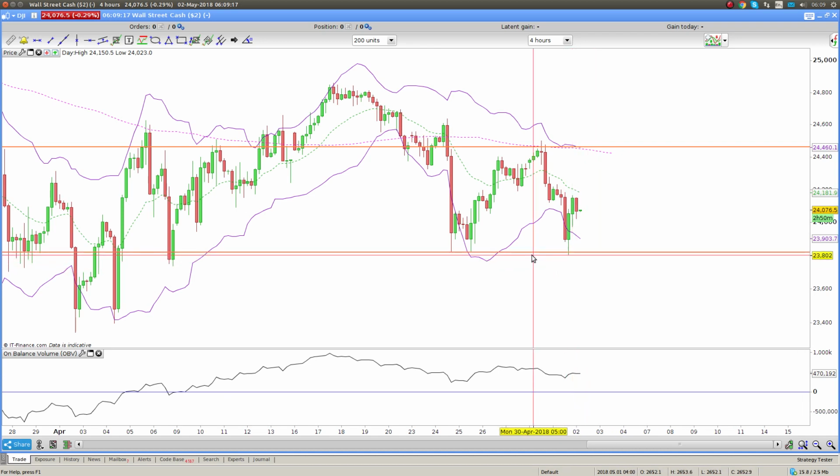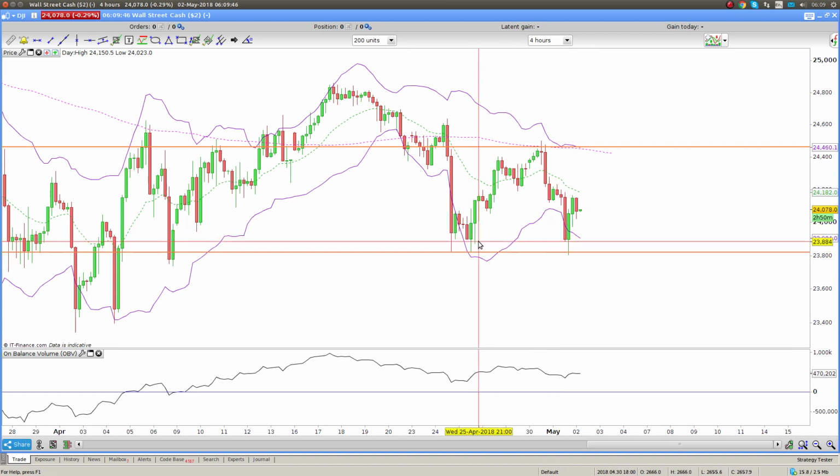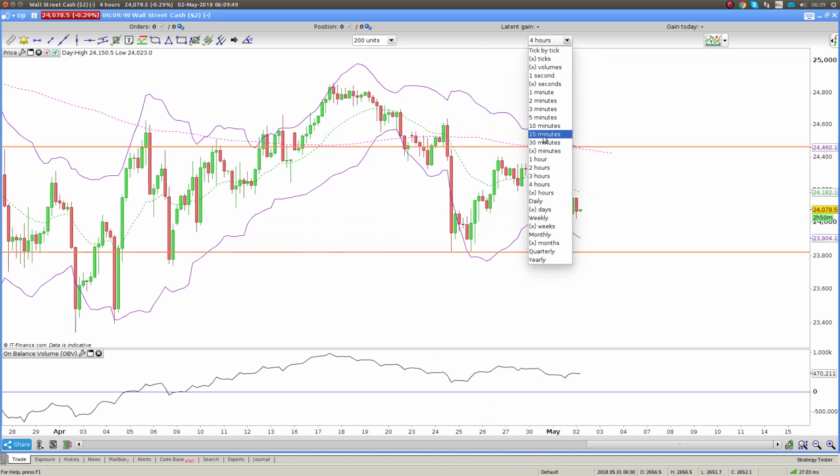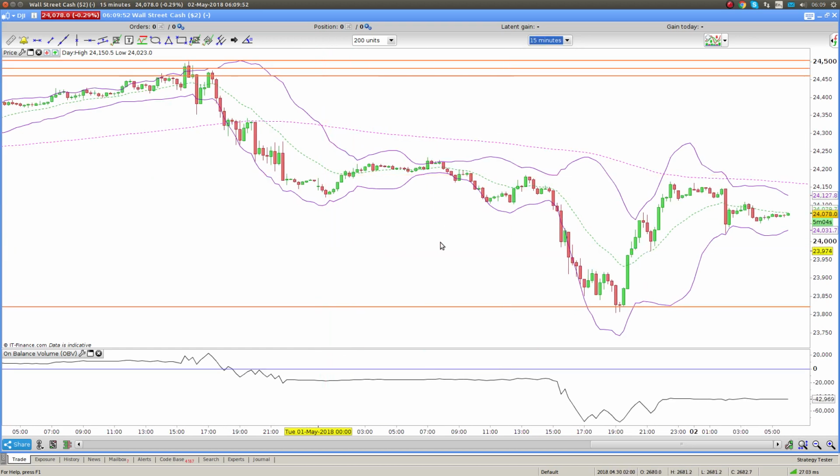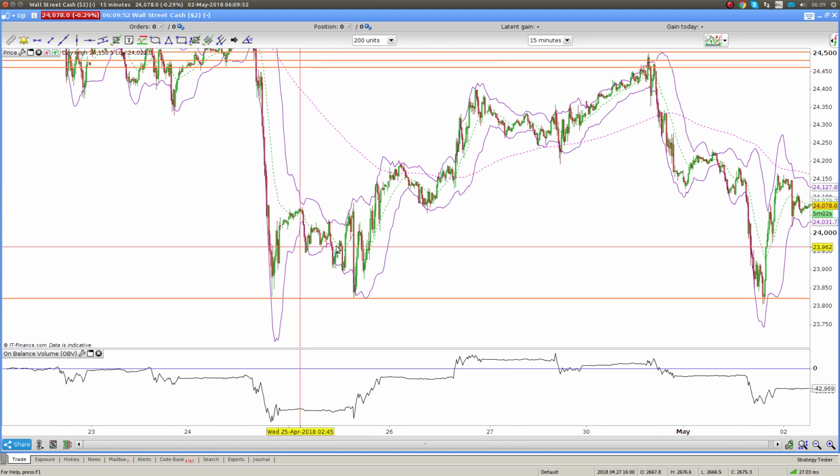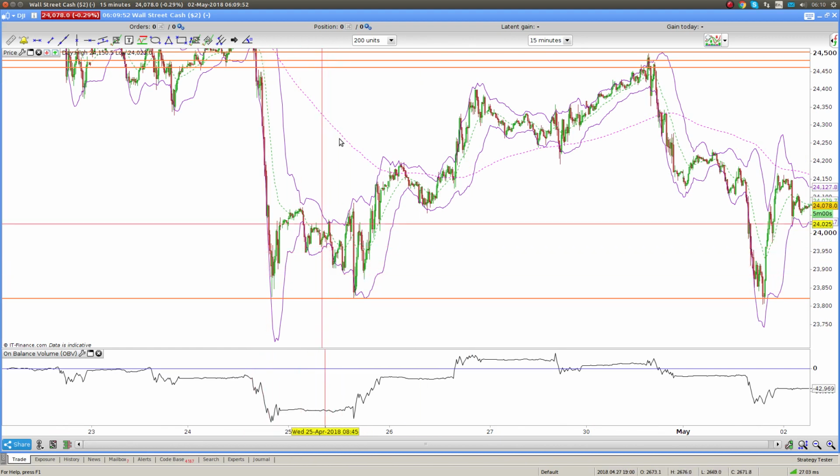So what I want to show you is how I would go about looking for any other levels. So let's go to the 15. Okay, so there is our double bottom.